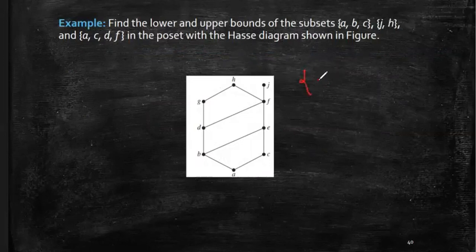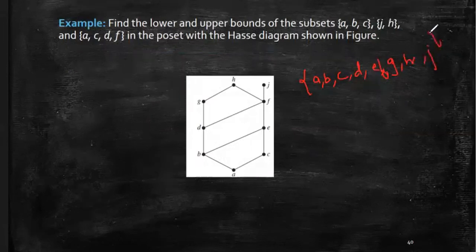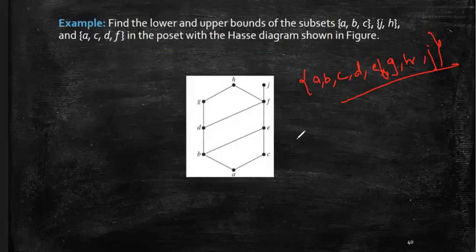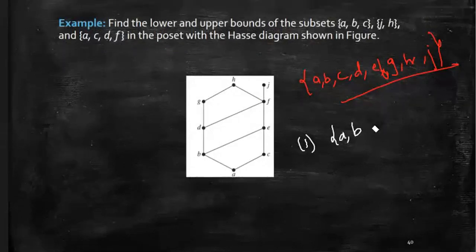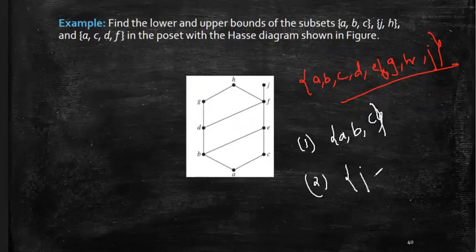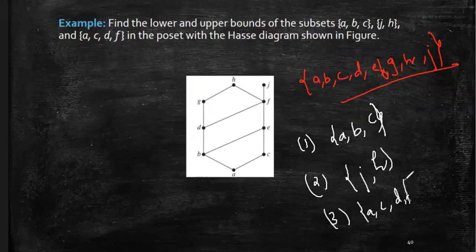The actual set will be written as A, B, C, D, E, F, G, H, J. From this set, we have taken 3 subsets and each of them individually is a sub-problem: ABC, then J and H, and then A, C, D, F.